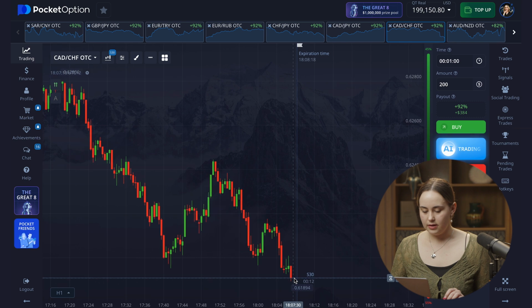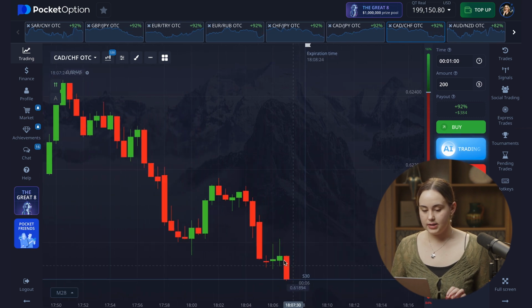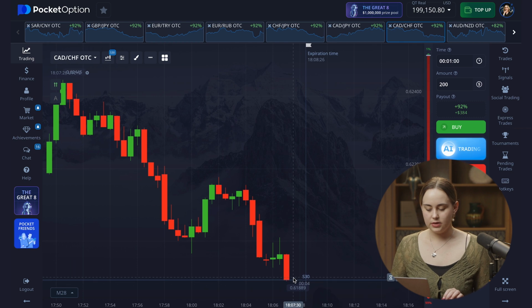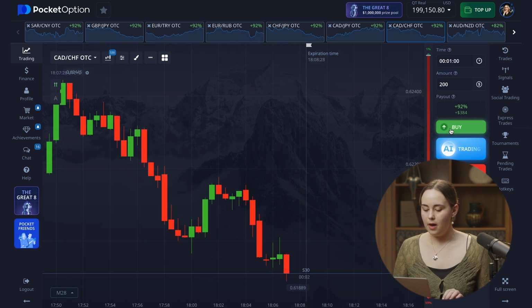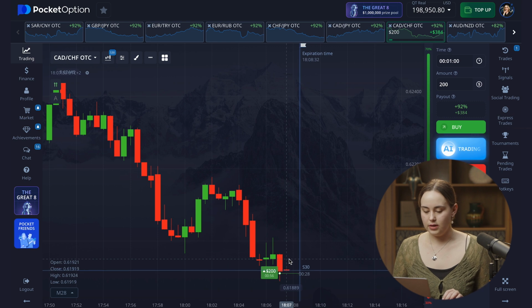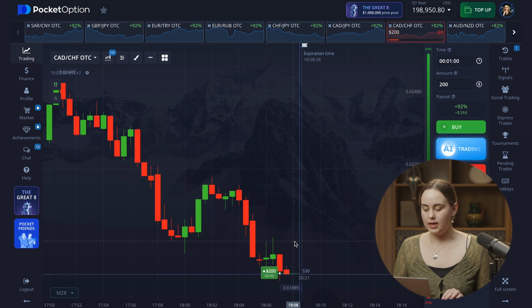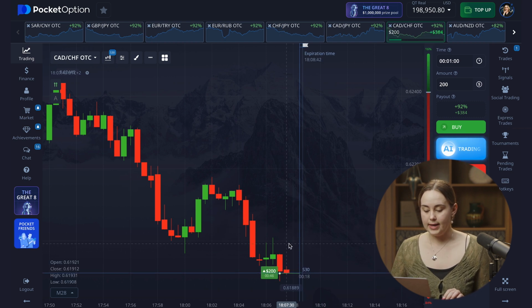So let me zoom out a bit more. Let's wait and see how this candle is going to close, but I'm positively sure that the price is going to grow a little bit over here until it reaches at least a point somewhere here. So that's why I'm buying.